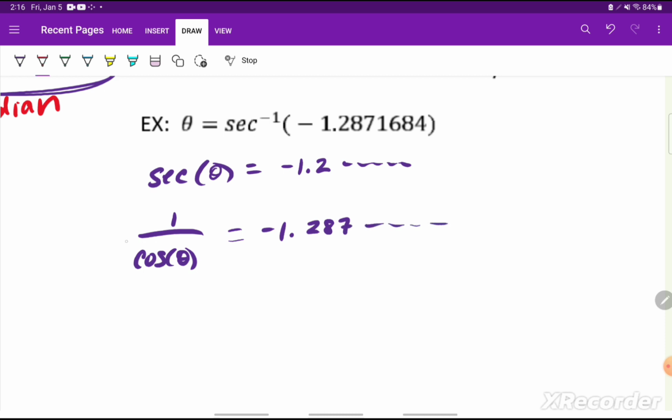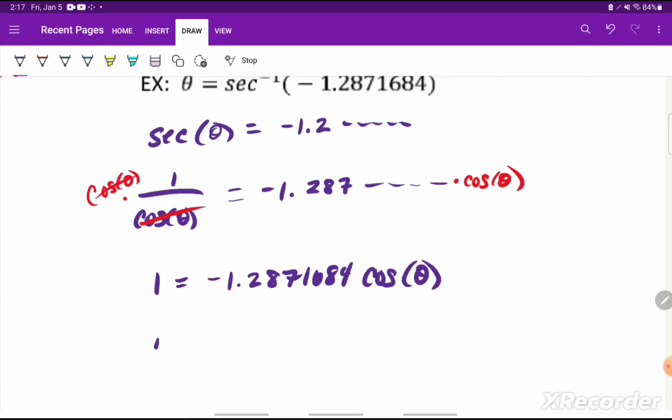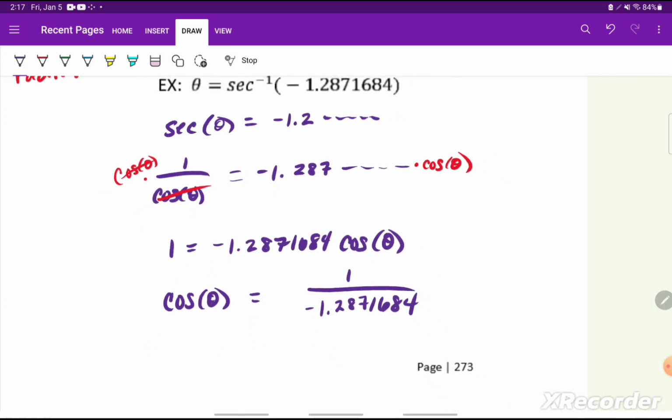I'm going to multiply both sides by cosine. And then I'll divide both sides by that decimal, giving us cosine equal to 1 over negative 1.287164. So that means that theta would be cosine inverse of this fraction, and this we can plug right into our calculator.